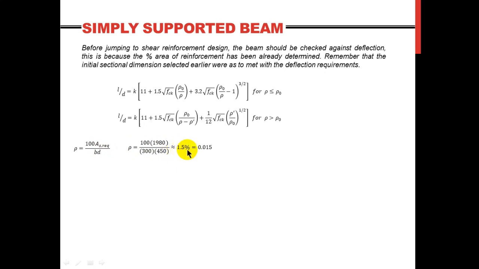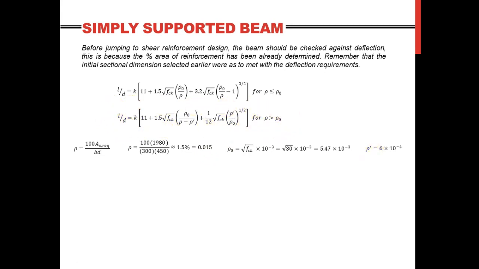We don't need the percentage, we just divide it by 100. That gives me 0.015. Now I just compare this with the reference rho, and my grade of concrete is 30, so I just put it there and check it. Now this one is smaller than this one, that means I'm going to use this one here.